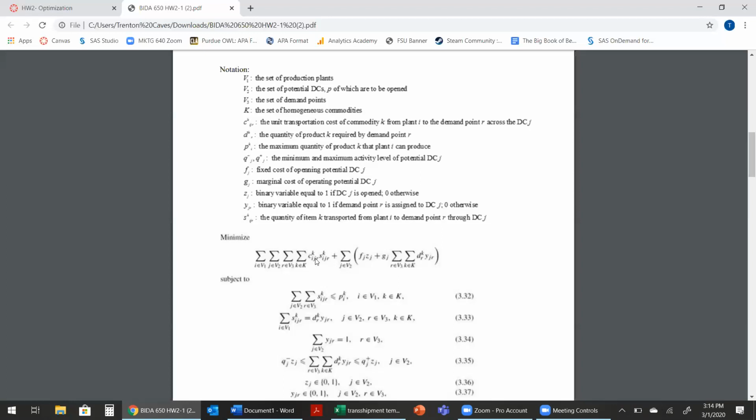So the two parts of our objective function are minimizing the unit transportation cost, and then the second part is minimizing our opening and operating cost of our distribution centers.